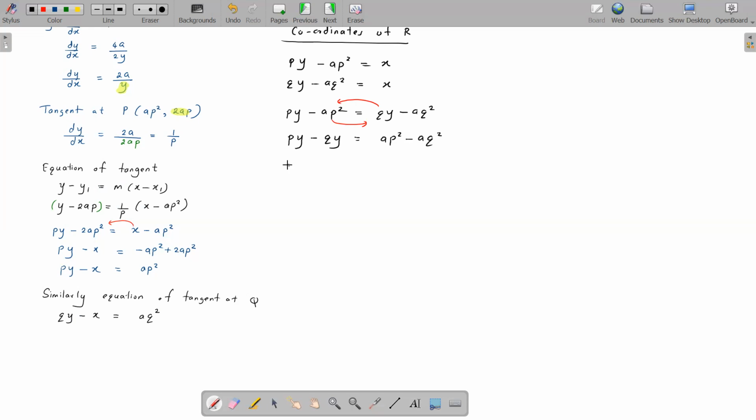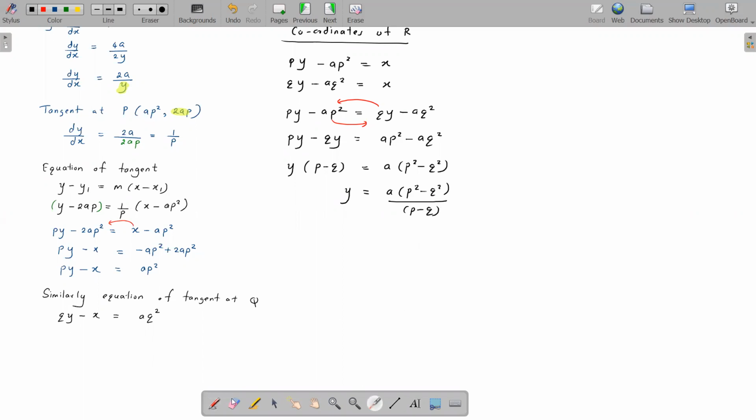Are you with me? Take y out, I get P minus Q equals. I'll take A out here, I get P square minus Q square. Do you agree with me? Y equals A times P square minus Q square over P minus Q. Is this the maximum that I can simplify, or is there any way that I could simplify further? I can factorize P square minus Q square.